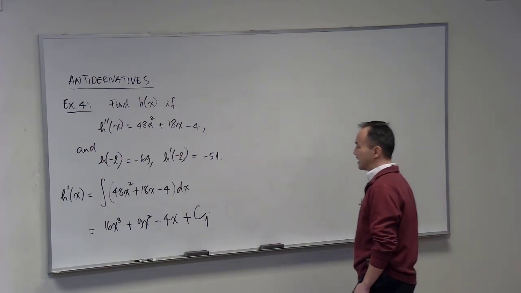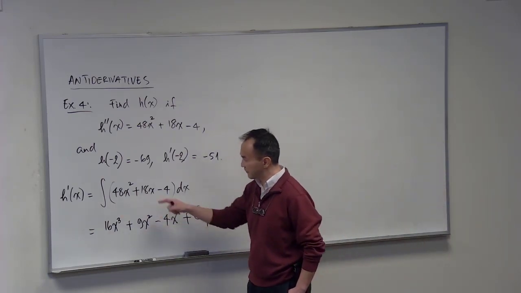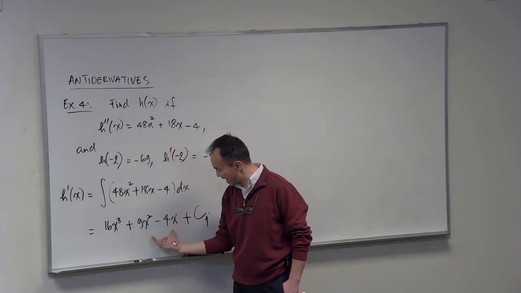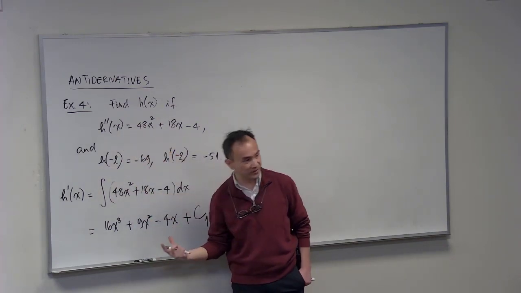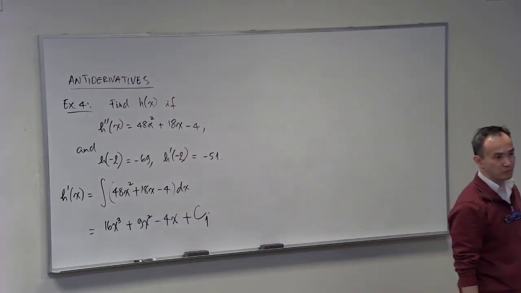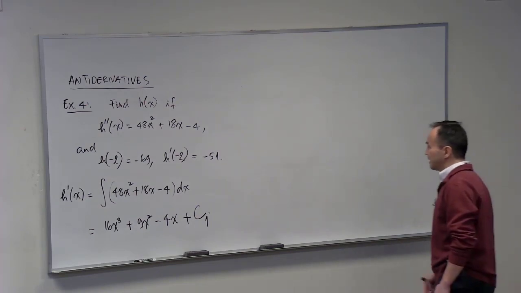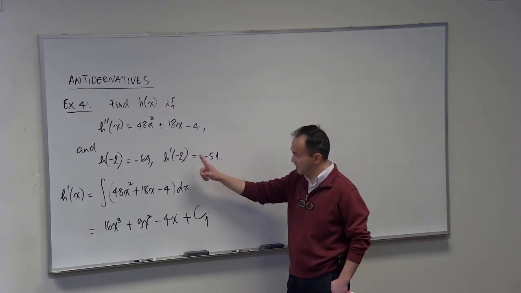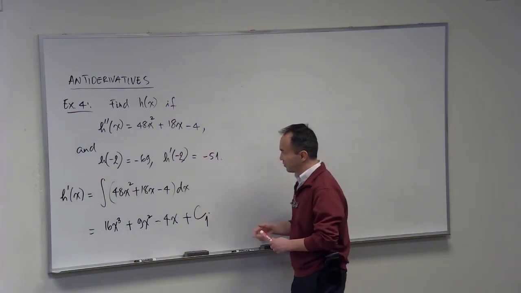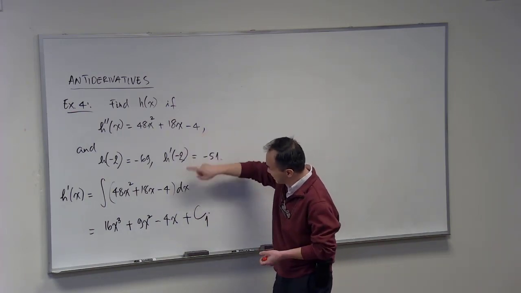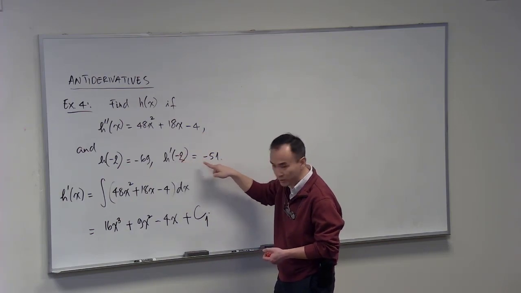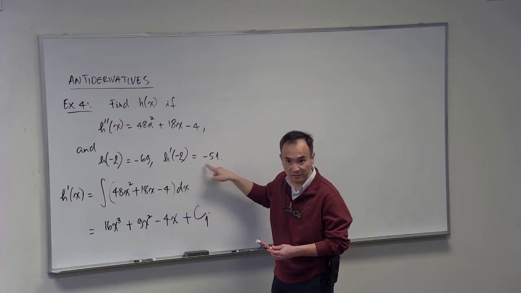So what I found here is a general antiderivative for the h double prime, which is basically the derivative of our tentative h of x. But we got hung up with that C1 right there. That's why now we need to utilize the condition that's given. The requirement says we want h prime so that when x equals -2, h prime has to equal negative 51.